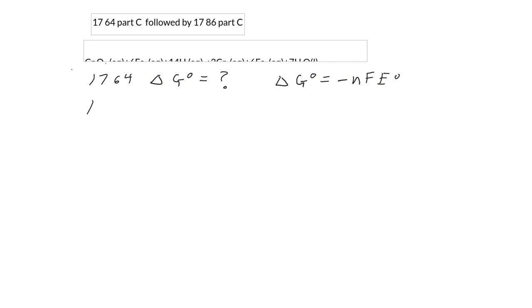And in 1786, they want to know the value of the equilibrium constant.